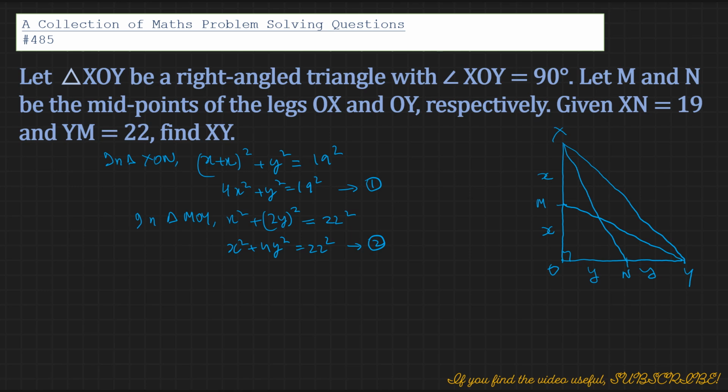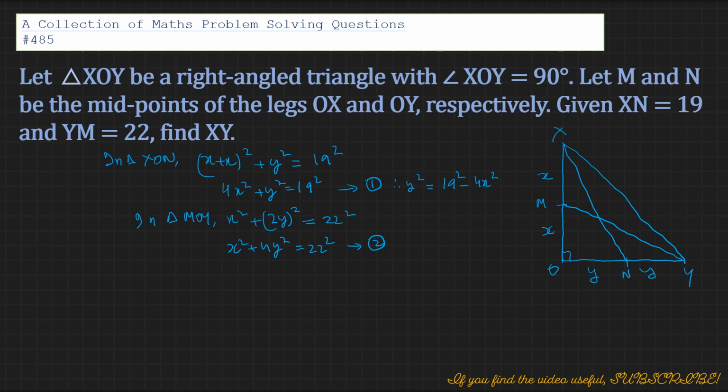We could say x square is 22 square minus 4y square, or we could do it the other way around, which would be simpler probably, that y square equals 19 square minus 4x square, and then we could substitute it here.